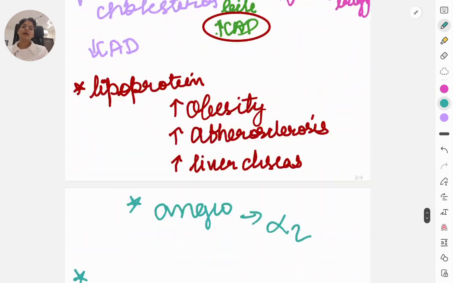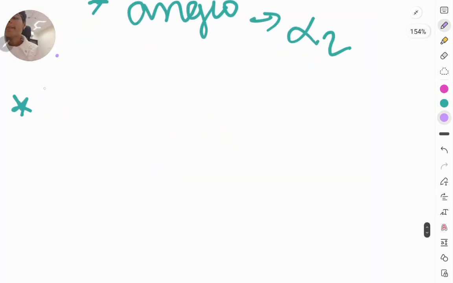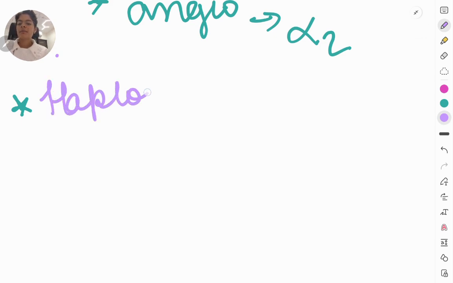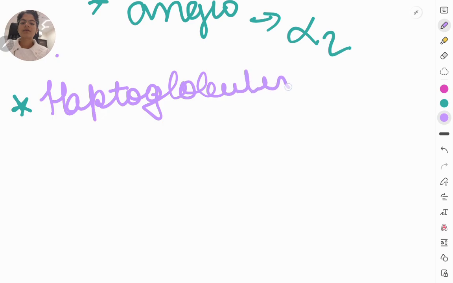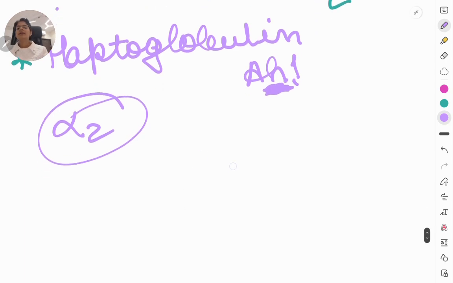Next one is haptoglobulin. It again has AH, so alpha 2 only. Haptoglobulin is actually for hemoglobin.